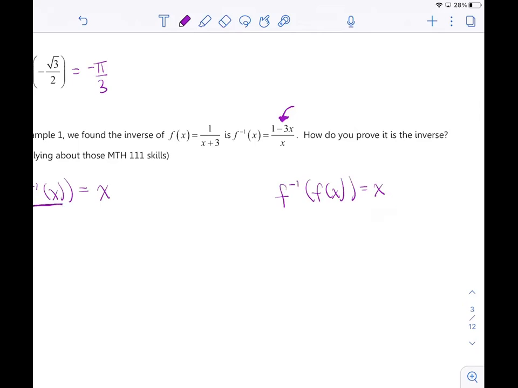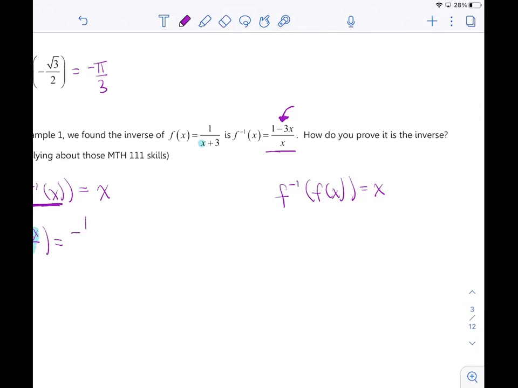I'm going to replace this with what it equals, 1 minus 3x over x. And now what that is saying is, I'm going to look in my function f. Everywhere I see an x, I'm going to replace it with that stuff in the parentheses, because that's my new input.